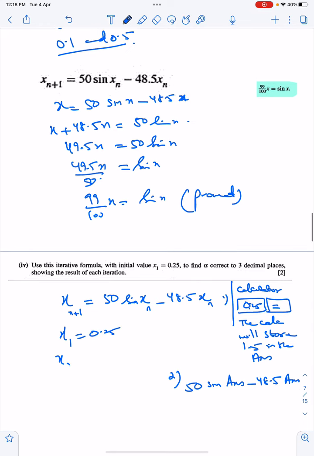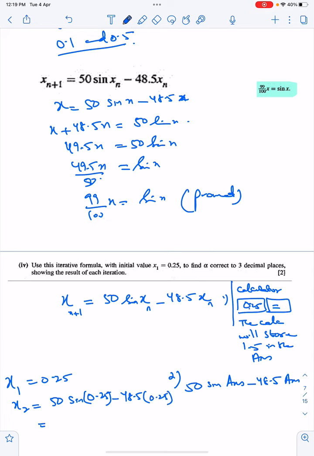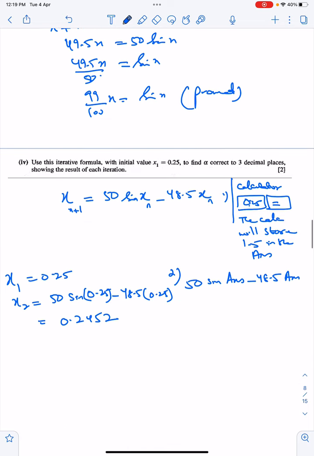Now x2, how will we get it? You will plug it into the equation, 50 sin of 0.25 minus 48.5 into 0.25. So the answer for this is coming out to be 0.245 up to 3 decimal places.